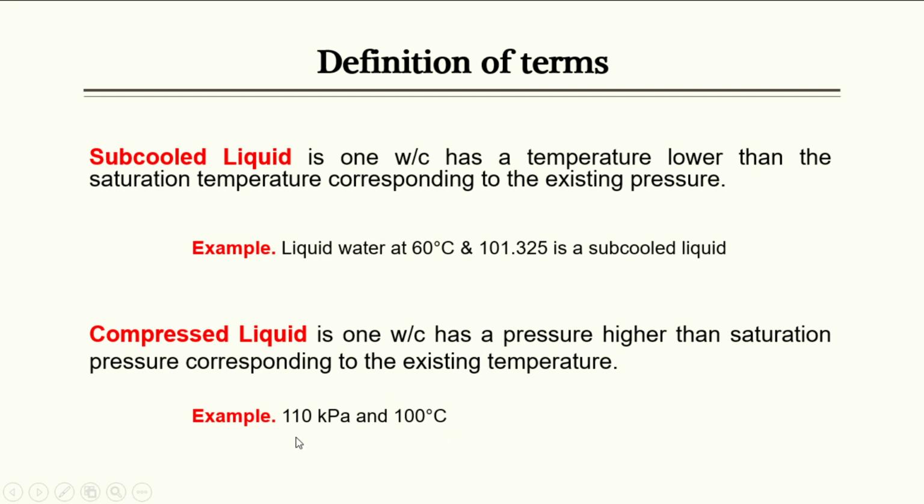Pero ang given natin dito is 110 kPa and 100 degrees Celsius. So, ibig sabihin, compressed liquid siya. Okay? Kasi yung pressure niya is mas malaki kaysa dun sa saturation na pressure, which is 101.325. So, yun ang kaibahan ng dalawa. Kapag subcooled, sa temperature ka titingin, yung temperature is lower than the saturation temperature. Kapag compressed liquid, yung pressure mas mataas kaysa doon sa actual or sa saturation pressure.